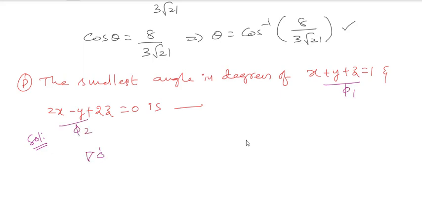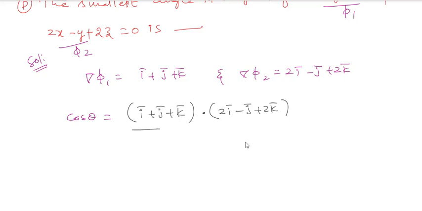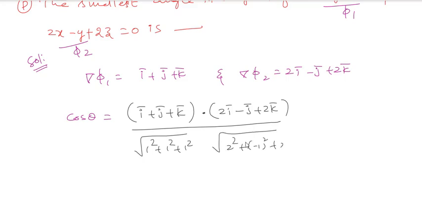Calculate first: del pi 1 is i bar plus j bar plus k bar. Similarly, del pi 2 will be 2i bar minus j bar plus 2k bar. Am I correct or not? Then directly go with the angle, cos theta, which is del pi 1 dot del pi 2: i bar plus j bar plus k bar dot 2i bar minus j bar plus 2k bar, divided by root 1 squared plus 1 squared plus 1 squared, into root 2 squared plus minus 1 whole squared plus 2 squared.